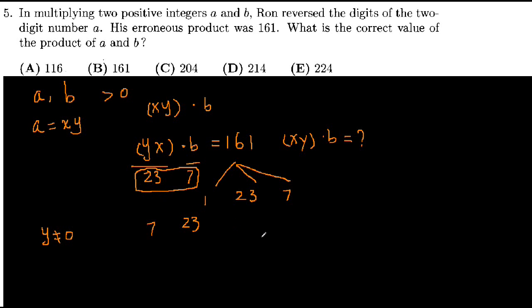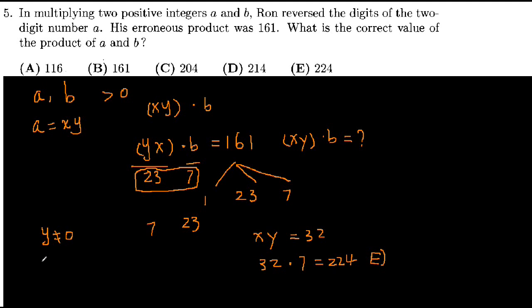That means XY, 2 digits, equals 32, and 32 times B, which is 7, equals 224. The answer is E.